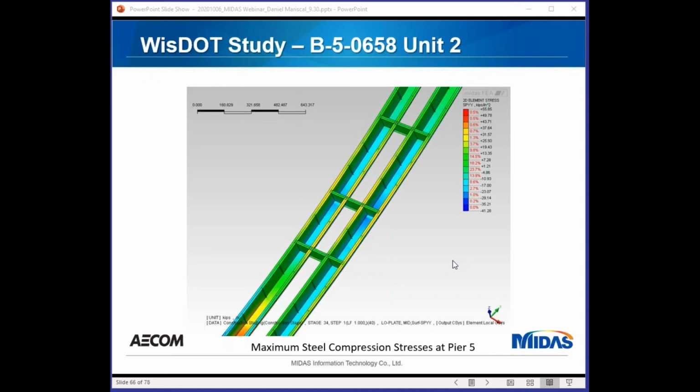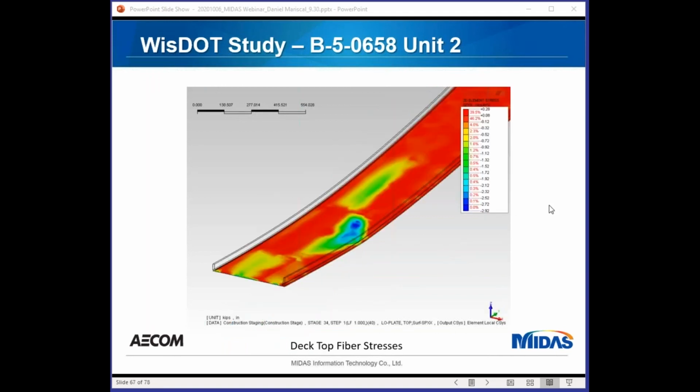So the bottom flange goes up to 56 KSI in stresses, but also at the pier, the bottom flange also has bigger compression stresses because now again the left girder is taking most of the load.